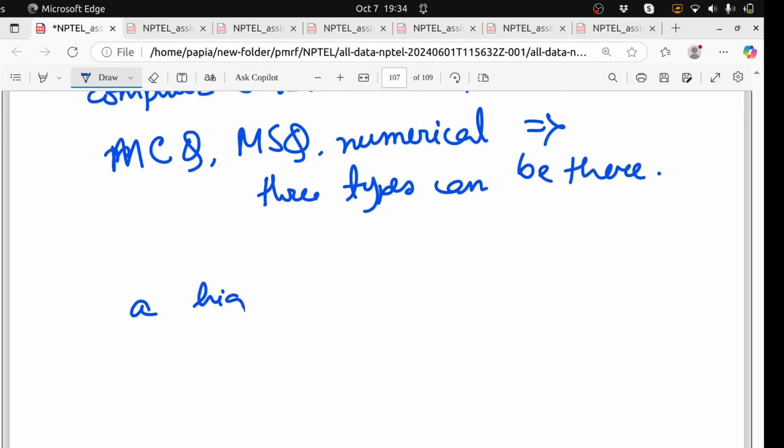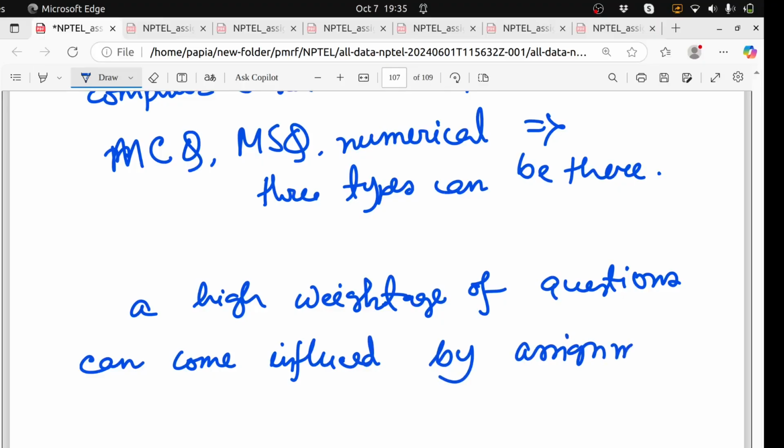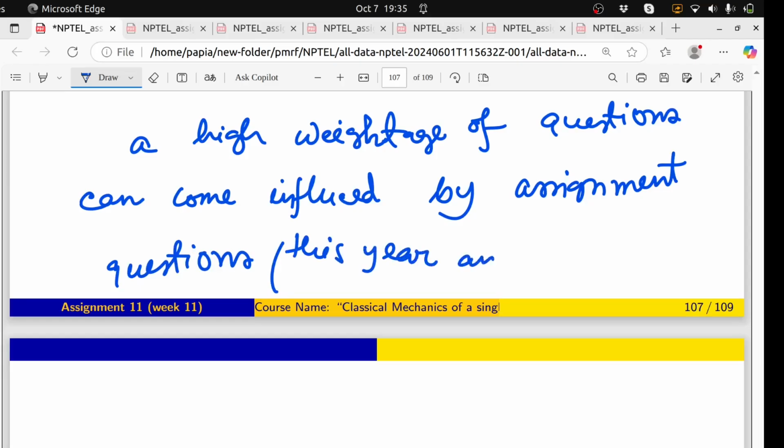A high weightage of questions can come influenced by assignment questions from this year and previous years.